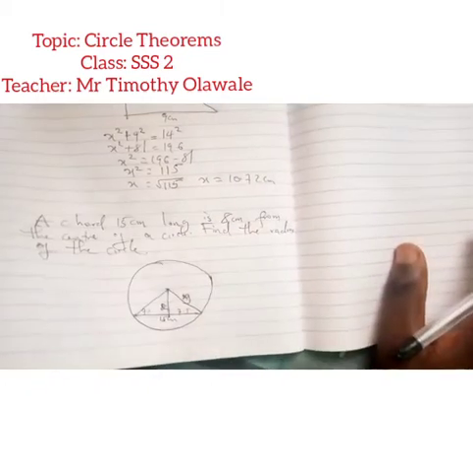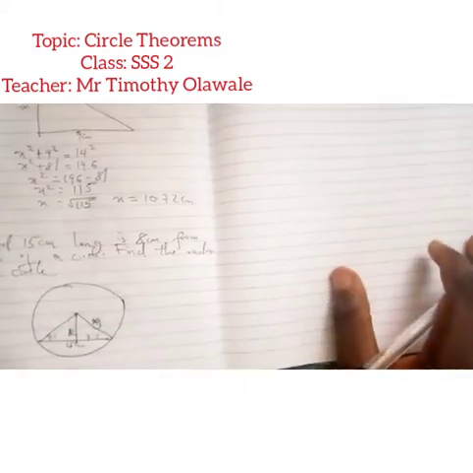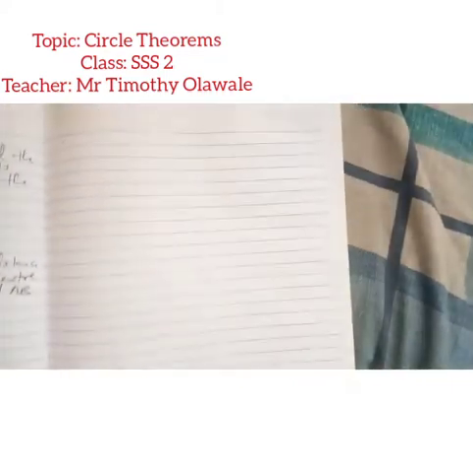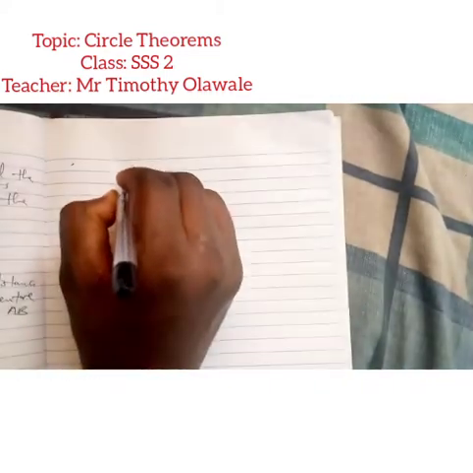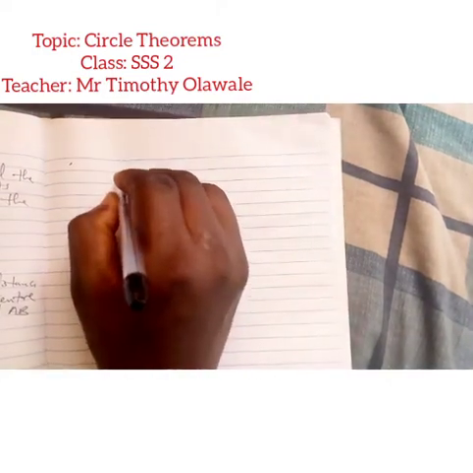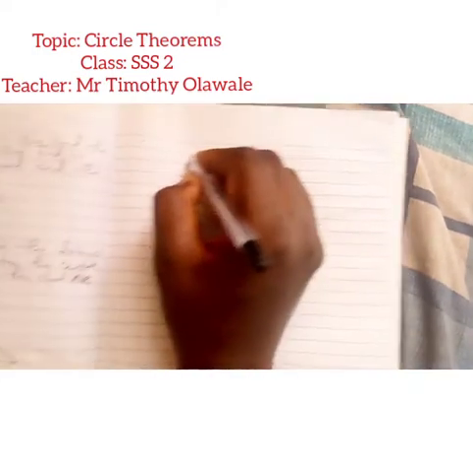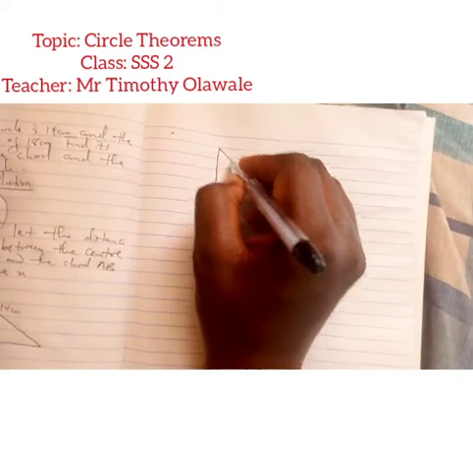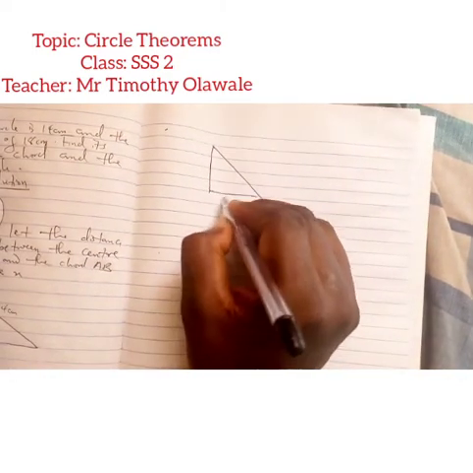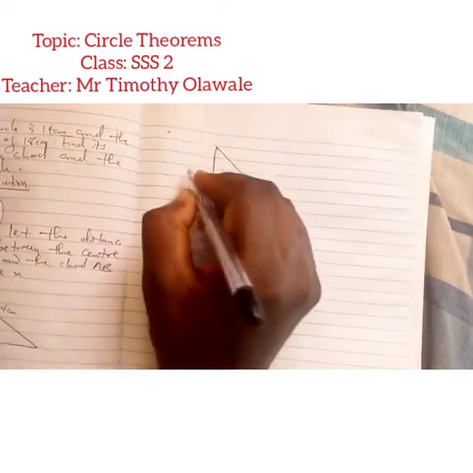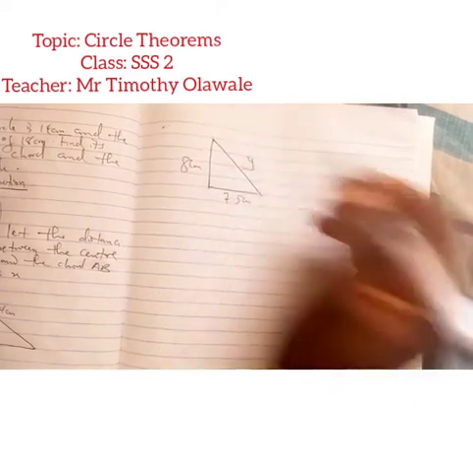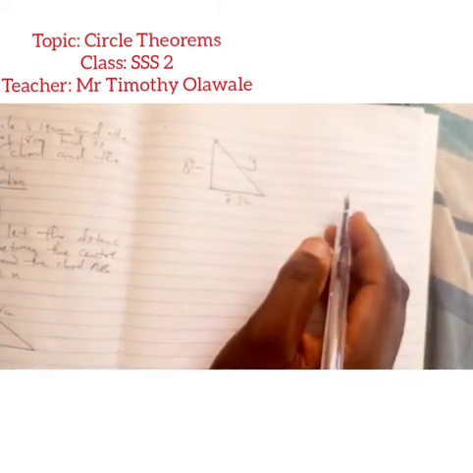So we have something like this. Let's draw the triangle properly now. 7.5 centimeters, 8 centimeters, and then we're looking for y. That's the radius we're looking for.